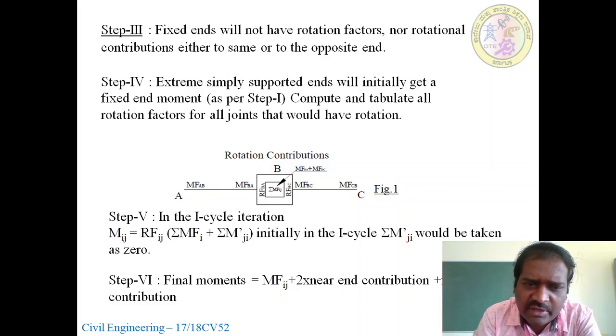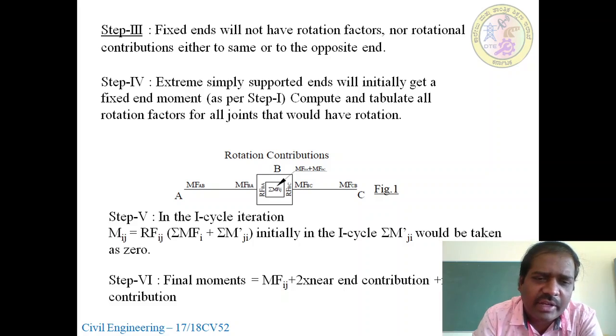If you have confusion here, I will solve it in the example. And the final step, the final moments: MFij, the fixed end moment, plus 2 into near end contribution plus far end contribution.